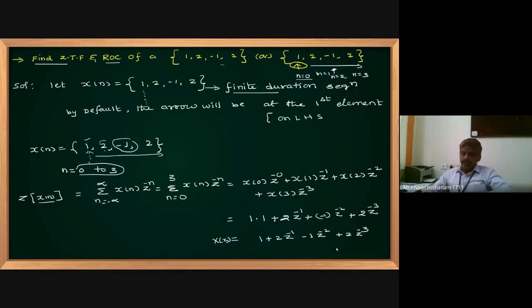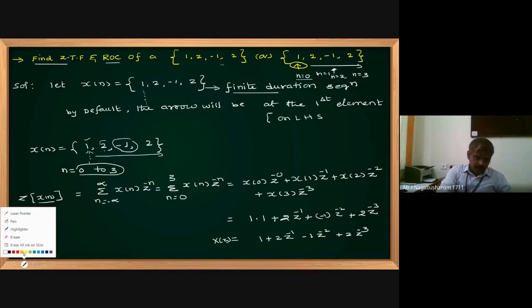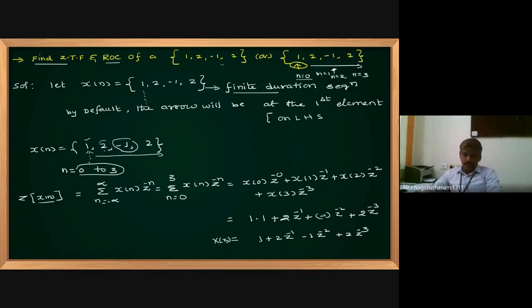If you see the expression of x of z, let me use a different color. 1 plus 2z inverse, we can write this as 1 plus 2 by z minus 1 by z square plus 2 by z cube. So we can call it a z plane.